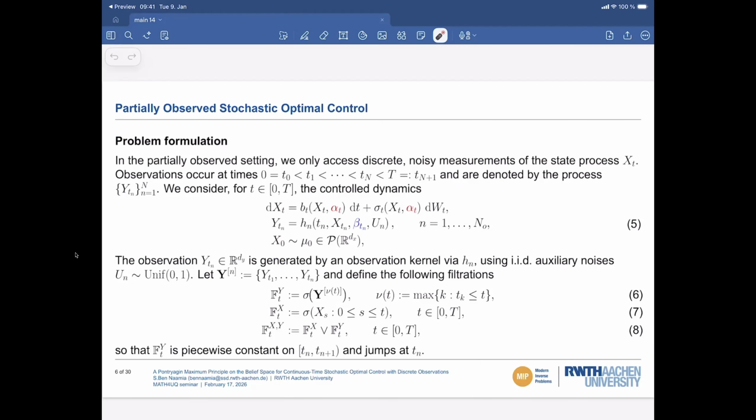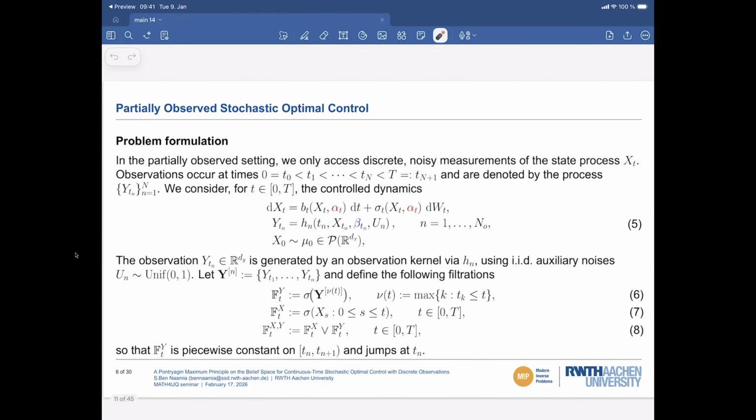On the other hand, what you have access to when controlling or modeling your system is this process Y_{t_n}. Y_{t_n} comes discretely, at a predefined time grid, say an equidistant time grid, with, I don't know, 4 observations, so you get one at each time. And Y_{t_n} is basically generated by the hidden state plus some external noise.